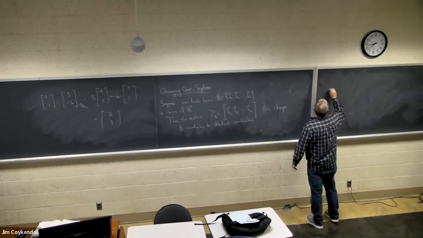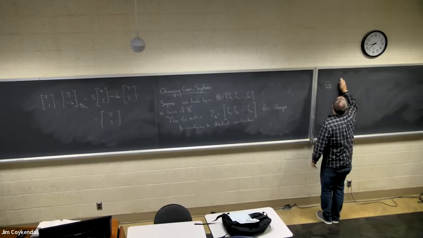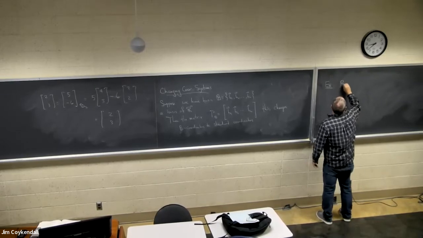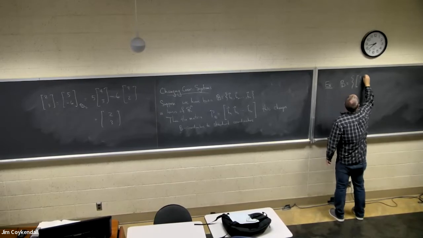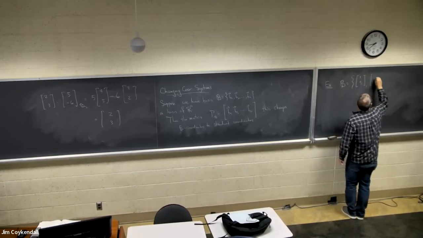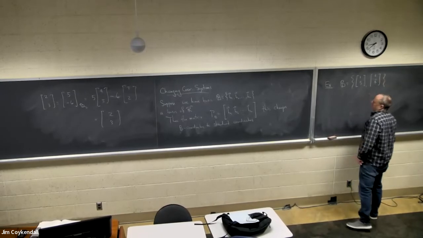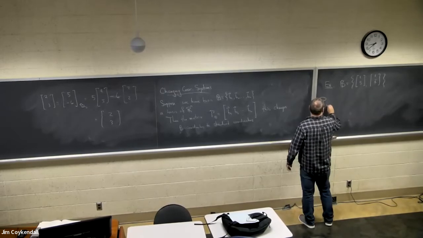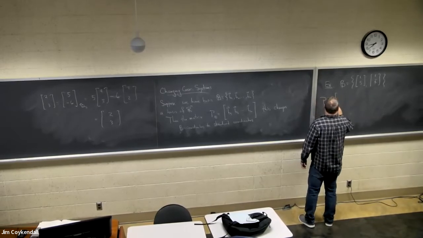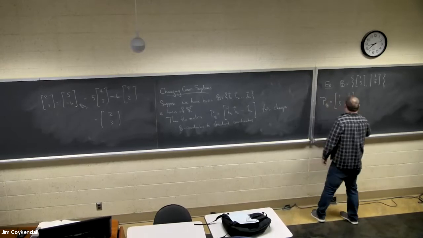So, example. Let's let B be the basis 1, 5. So in this case, we have this.